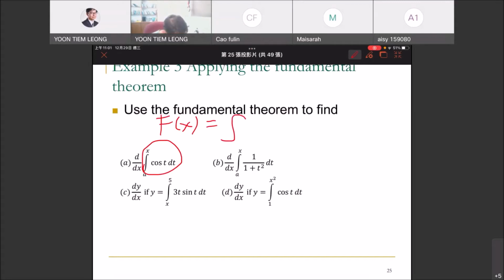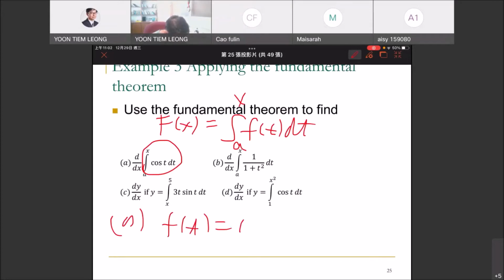So the integral function has the form of the integral of f(t) dt, integrated from some constant to x. Here, in this case, my f(t) for part A is just a function of cos t, right? It's a function of cos t.